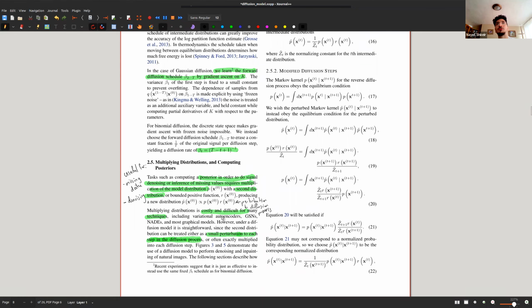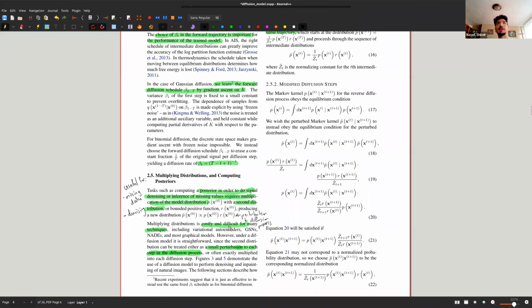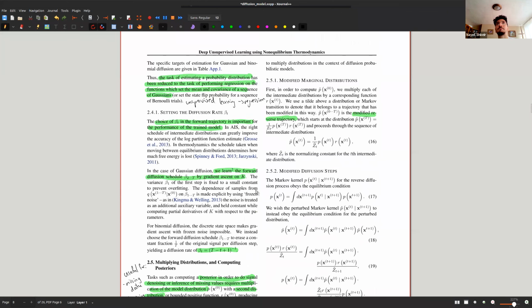Multiplying distributions is very difficult for lots of generative models, but this one does it pretty nicely, because it considers this multiplication as a perturbation in your diffusion process, and you're able to get your normalization constant, which before was very intractable to calculate, much more easily compared to other generative models.